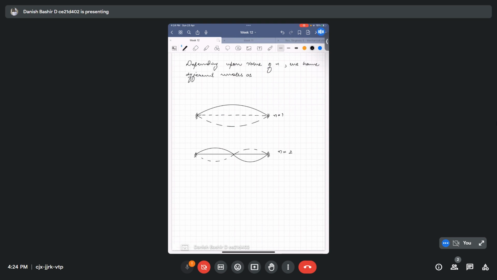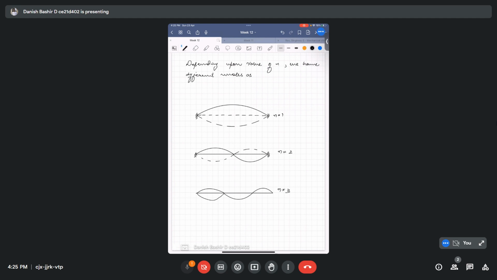So if n is equal to 3, we will be having the same string fixed at two ends, but we will be having 3 crossings, like this.